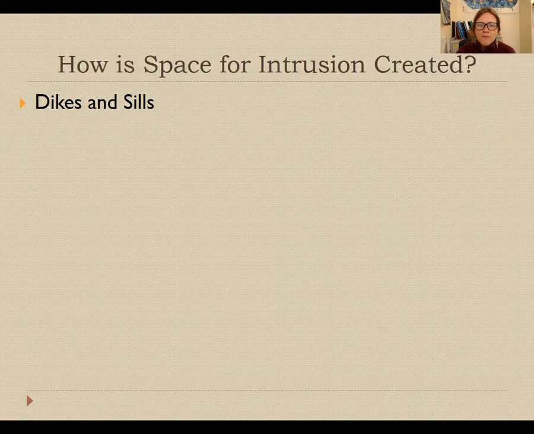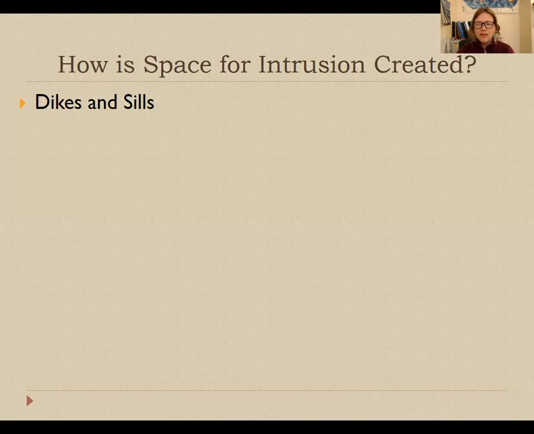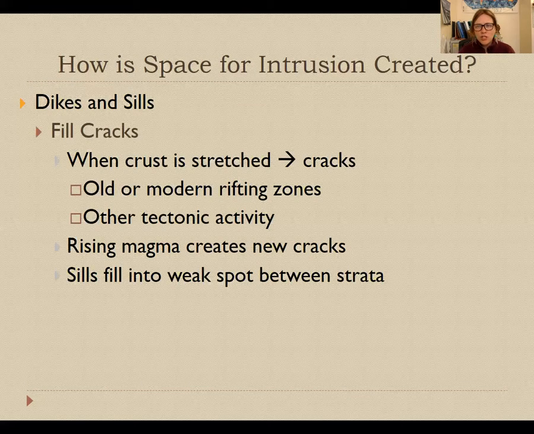Okay, so how is space for an intrusion created? Well, in the case of dikes and sills, these smaller fingers that are formed when magma is intruding into the landscape, they're usually created where there's already an existing crack within the rock. So when the crust is stretched, and it's already hardened, cooled down rock, it will crack because it's not really flexible.